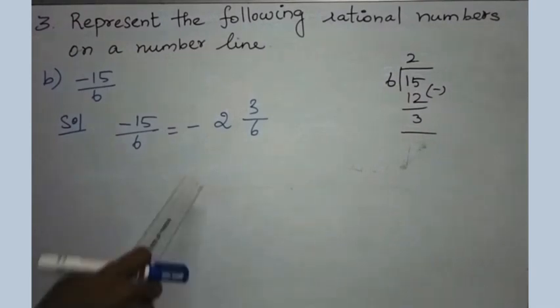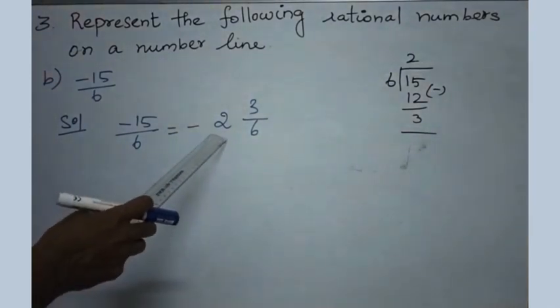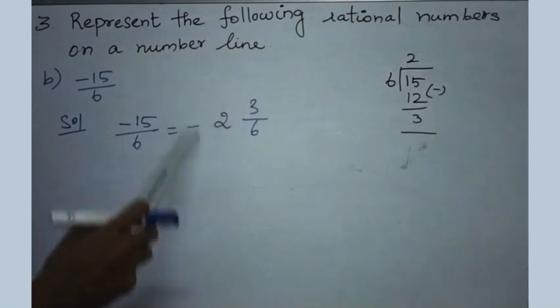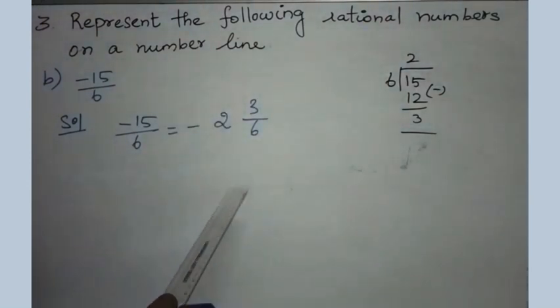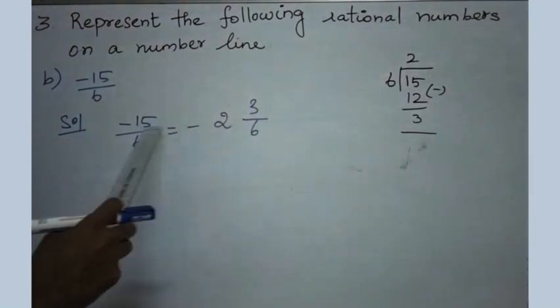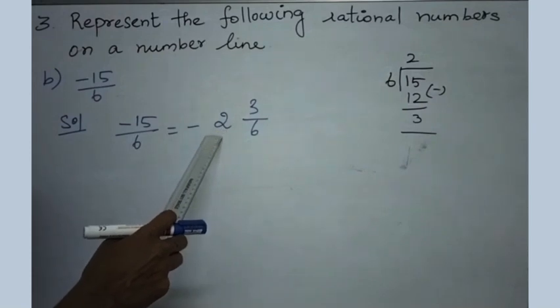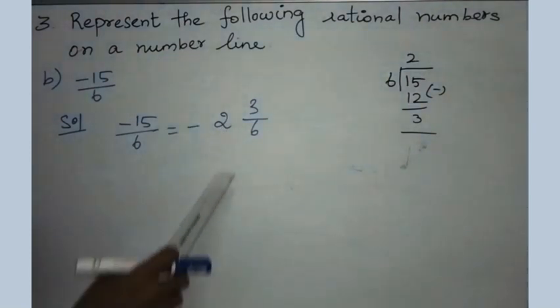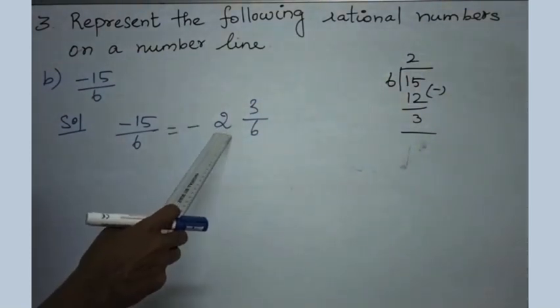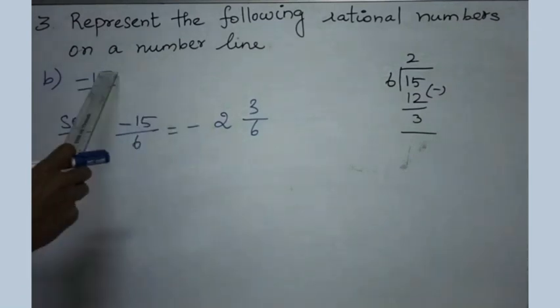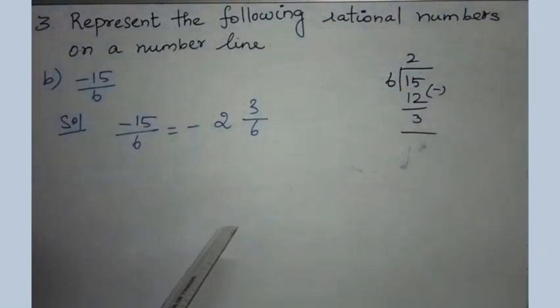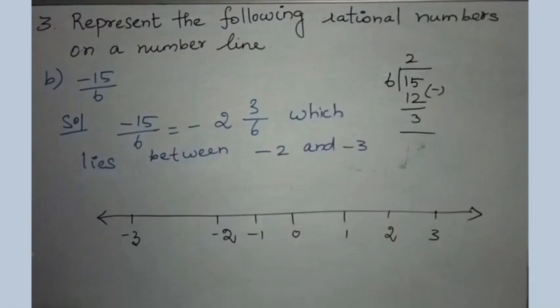Now see, what is the whole number? -2. So how do you mark this number on the number line? Very good. This number lies between -2 and -3. So -15/6 lies between -2 and -3. Next step, you draw the number line.